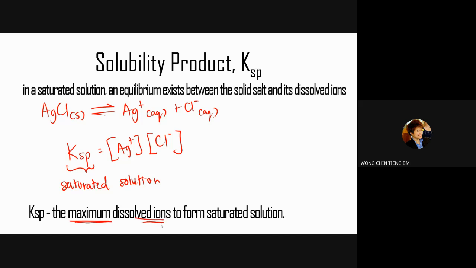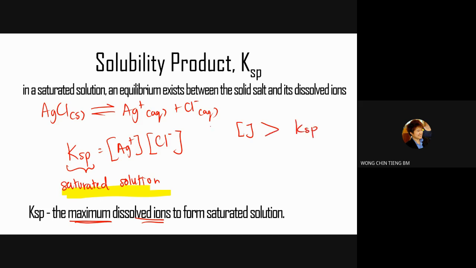Dan bila kita guna perkataan maximum, that is your saturated solution. Bermakna kalau dalam beaker saya boleh ada 0.05 mol Ag+ dengan 0.03 mol Cl-. That is the maximum. Saya tak boleh ada lebih daripada tu. Okay? Dan bila saya lebih daripada tu, yang ni kita akan belajar dalam Q. Katakan my ion is more than the Ksp.